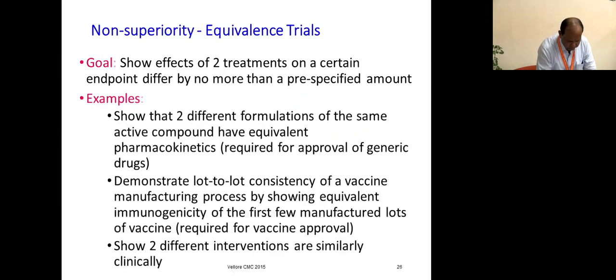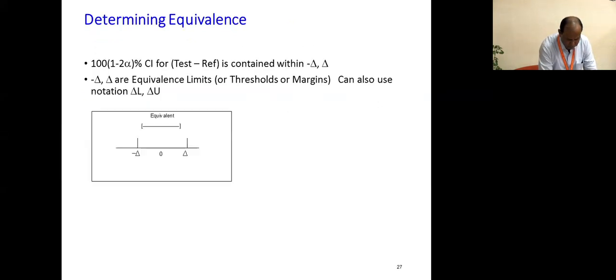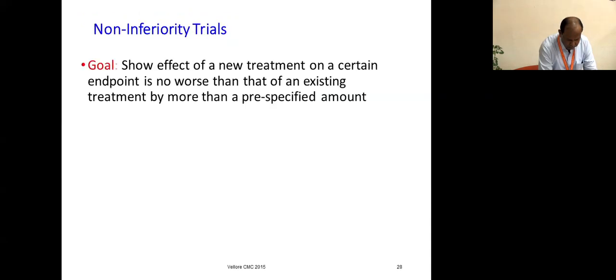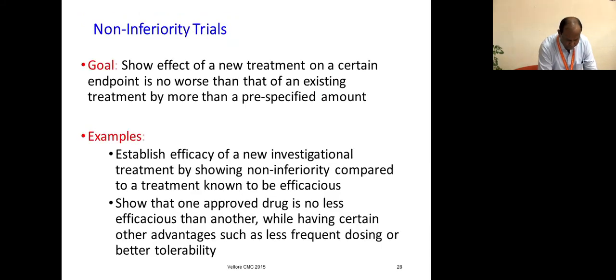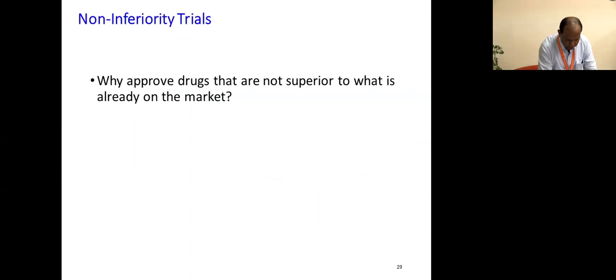This is what we are talking about. So when you decide this one, this is very important. This is equivalence, non-inferiority. There are reasons why we are doing a non-inferiority trial.